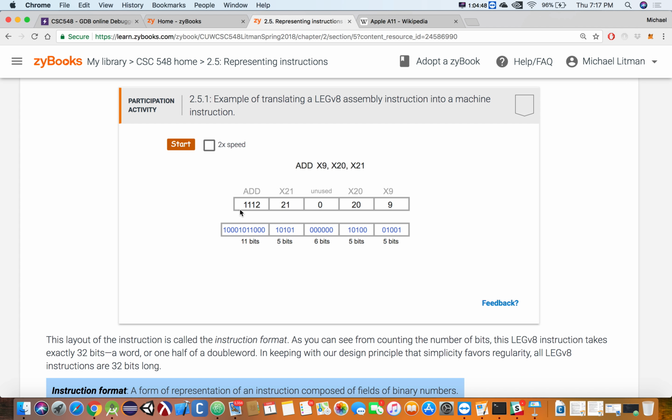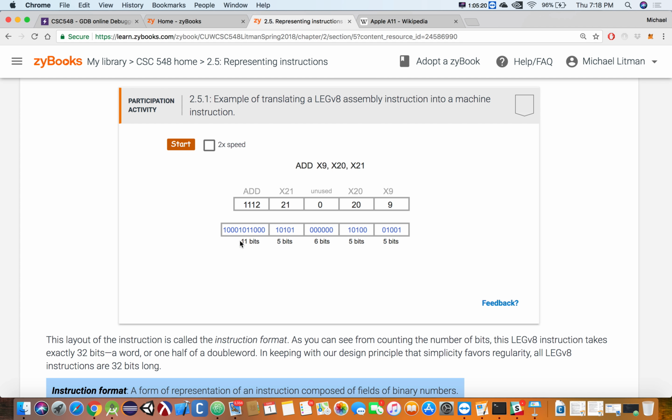So if we're thinking about how the assembler actually works at the end of the day, we convert the low-level instruction, which looks English-like, add, into its equivalent index. So this is instruction 1112. Does that make sense? All right. This is a decimal number, I'm presuming. And then they're representing that as the hexadecimal equivalent, or the binary equivalent here. Okay?